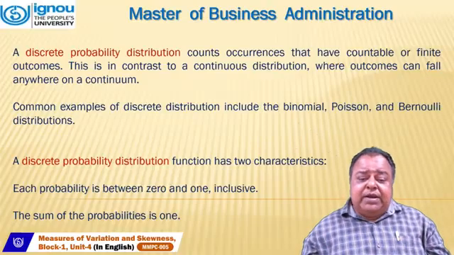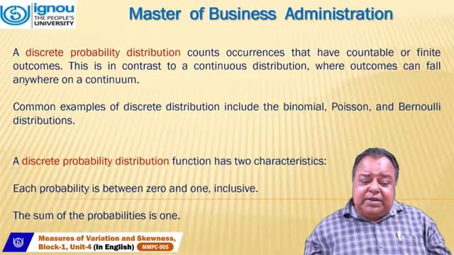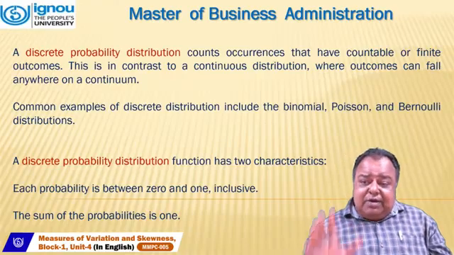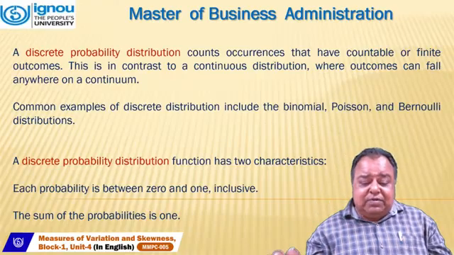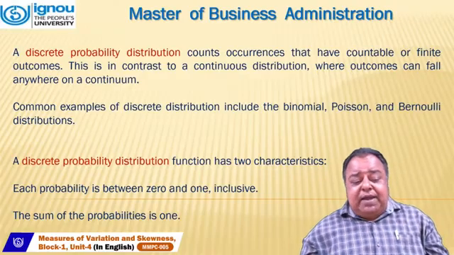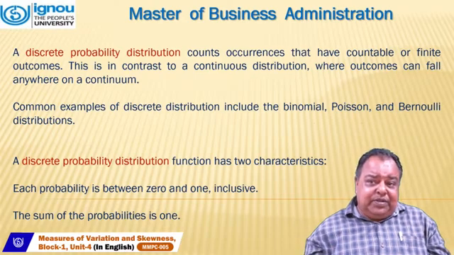A discrete probability distribution function has 2 characteristics. Each probability is between 0 and 1, inclusive, and the sum of the probabilities is 1. What does that mean? If we toss a coin, we have 2 outcomes, either head or tail.